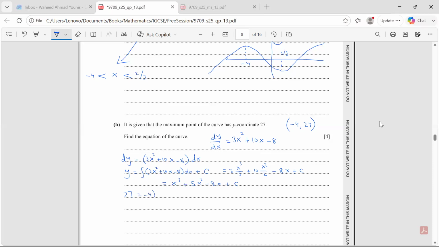So minus 4 cubed plus 5 times minus 4 squared minus 8 times minus 4, plus c. If I simplify it, this is minus 64, minus 20, plus 32, plus c... oh sorry, this is 16.